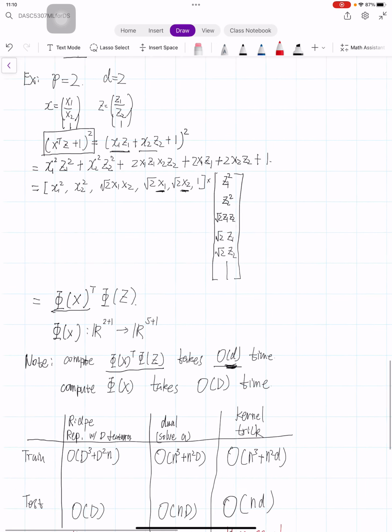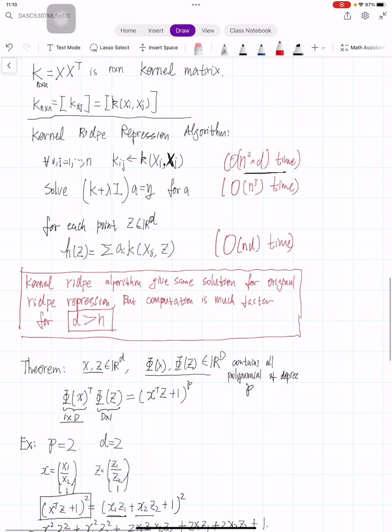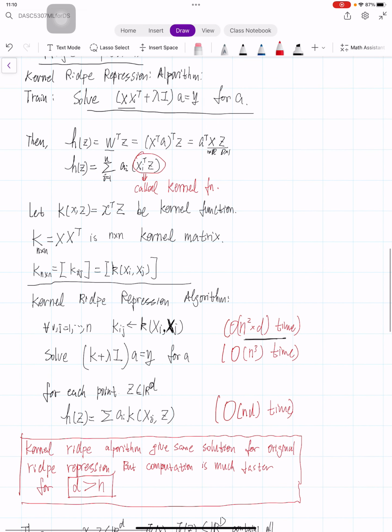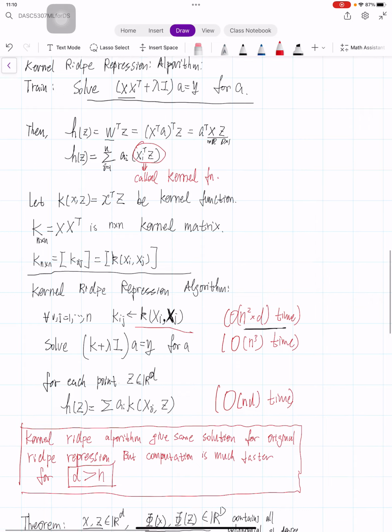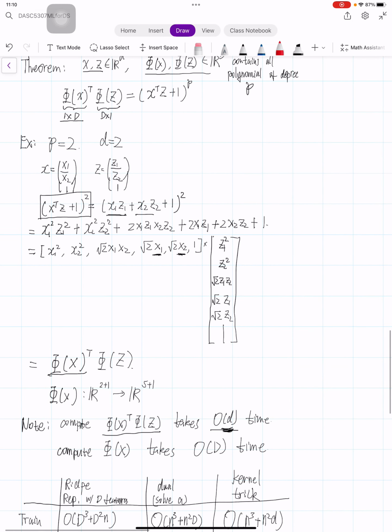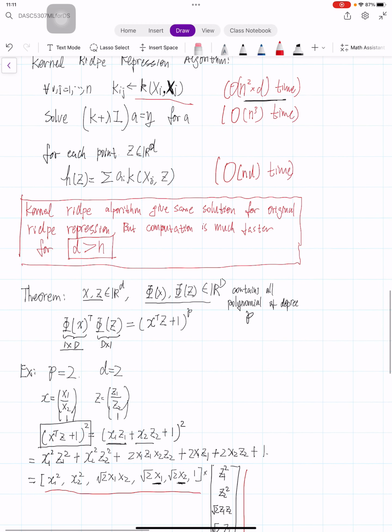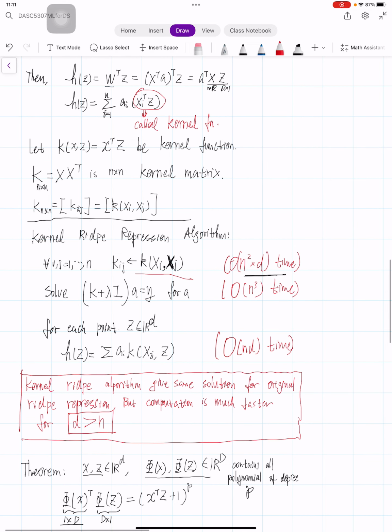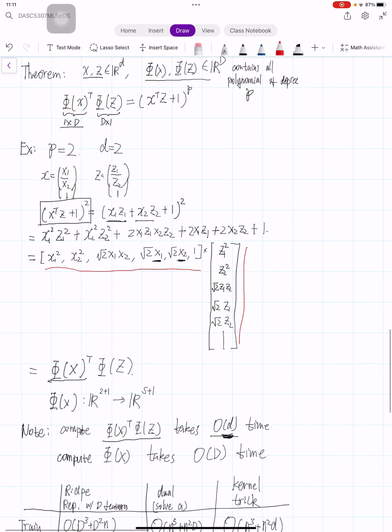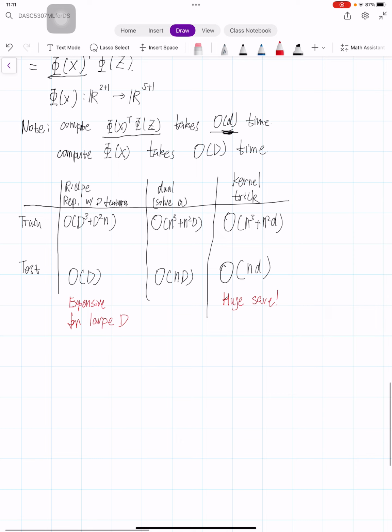So in other words, when we apply this kernel ridge regression algorithm and calculate the kernel function, instead of calculating this long vector multiplication, we can just apply the kernel trick to save the time to calculate this K. So that's the kernel trick for ridge regression.